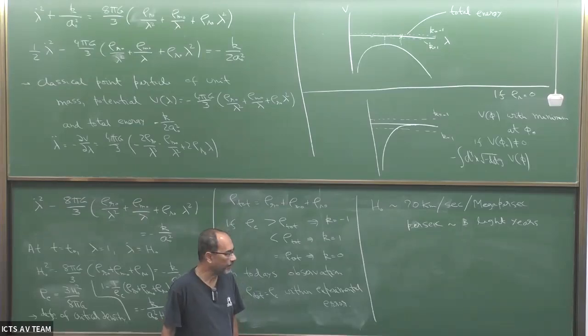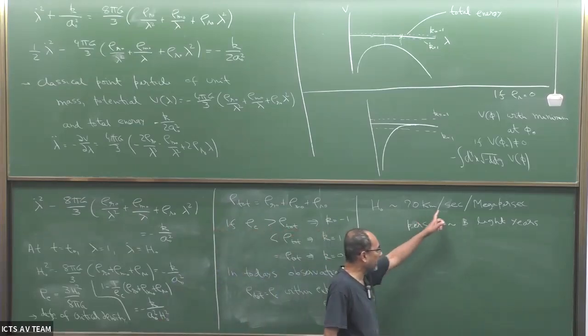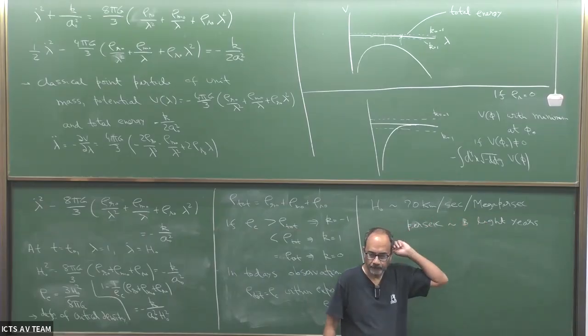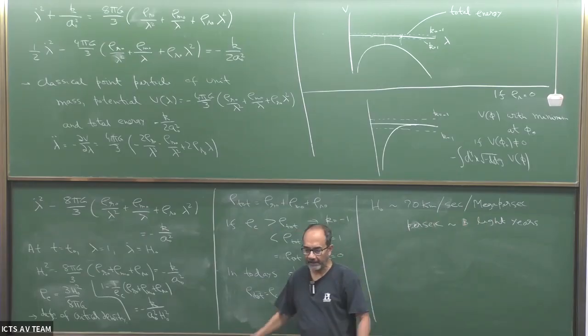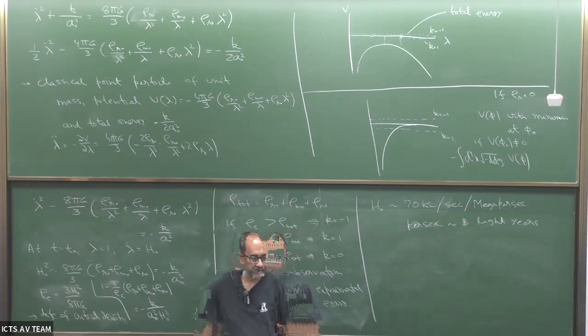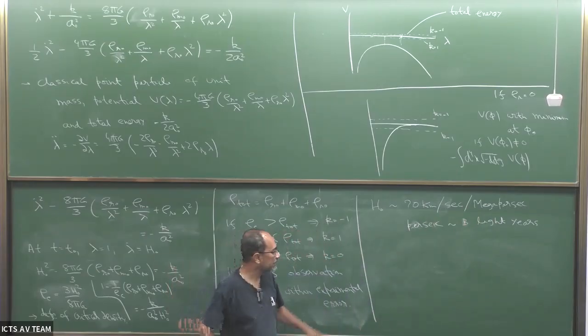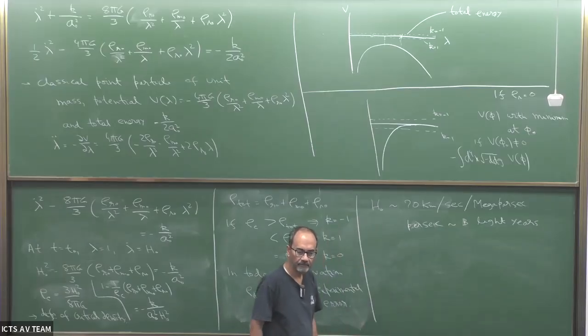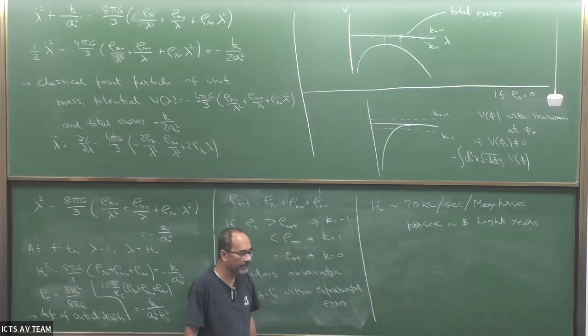Which basically means that if we observe galaxies at a distance of a megaparsec, then on the average those galaxies are moving away from us at a speed of 70 kilometers per second. That's what we'll see today. Is this clear?